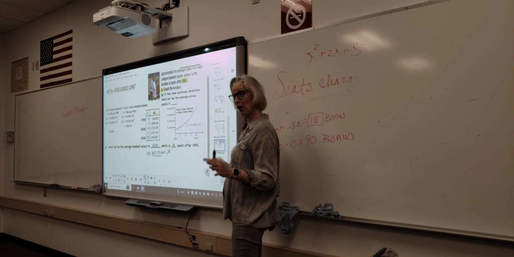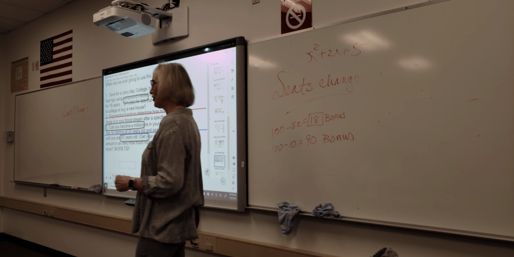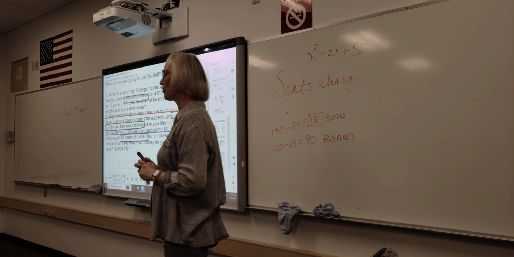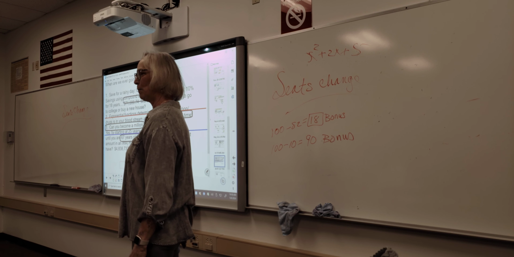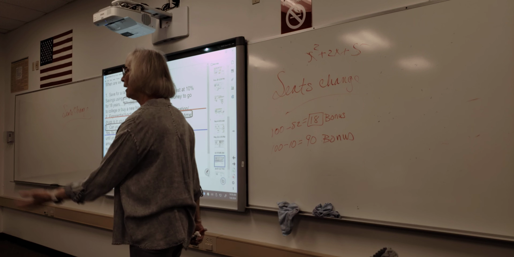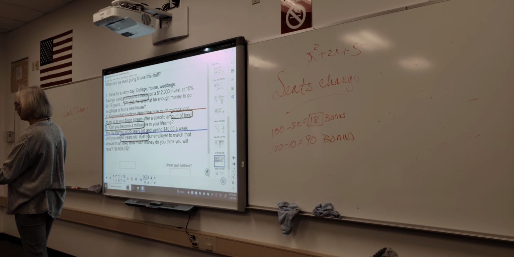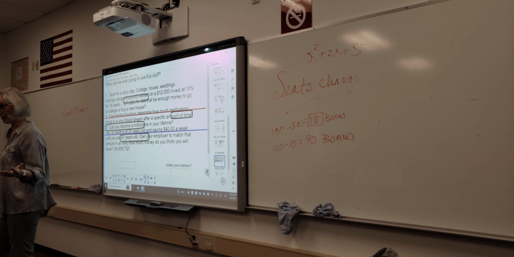All right, so now we're gonna go to your pink sheet. When are you ever gonna use this stuff? Any of you have a college fund that you're going to school on right now? When my son was born, my parents gave me $1,000 for my kid. And I could choose to put it underneath the mattress, and when he turned 18 to go to college, he'd have $1,000. Or I could choose to invest it.